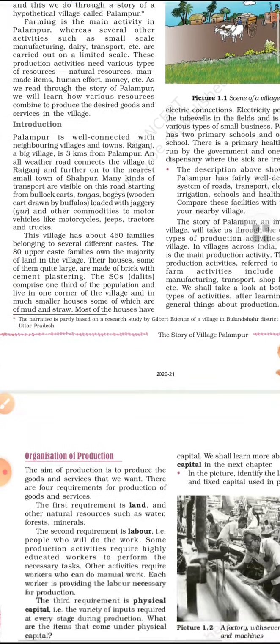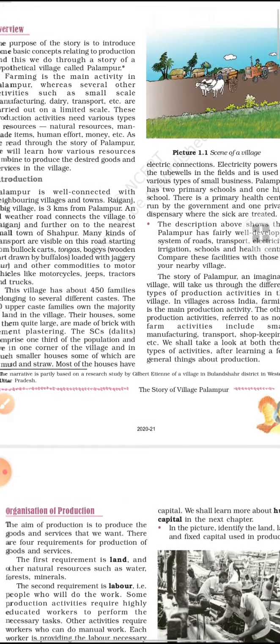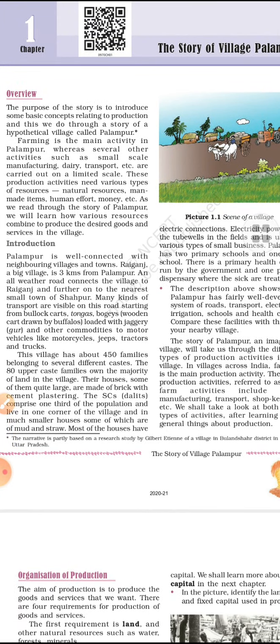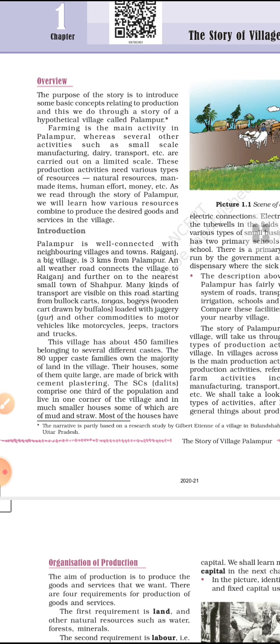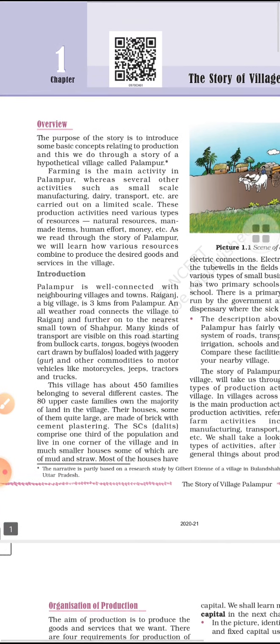So basically this subject tells you about different kinds of activities, and some of you may have knowledge about economic activities, if you have heard of them: primary activities, secondary activities, and tertiary activities.